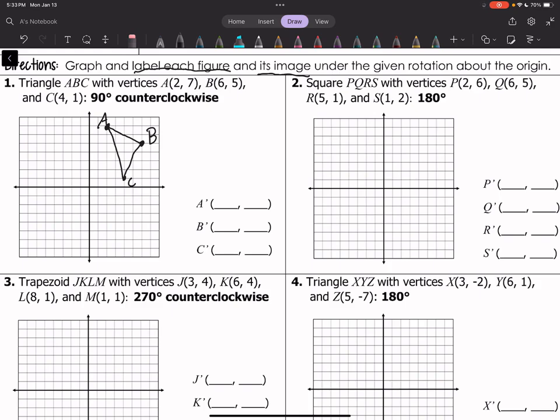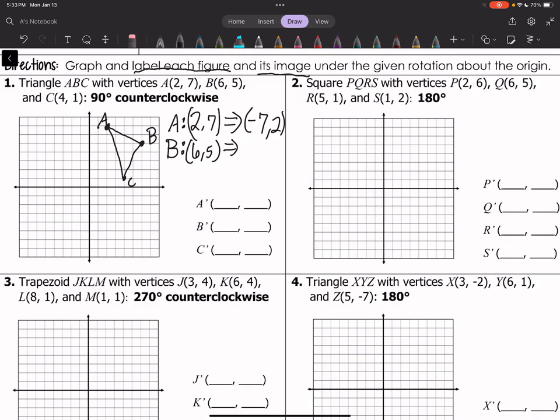So I'm going to flip my x and y values and negate the original y value. So for A, it was 2, 7. It's going to become negative 7 and 2. B was 6, 5.